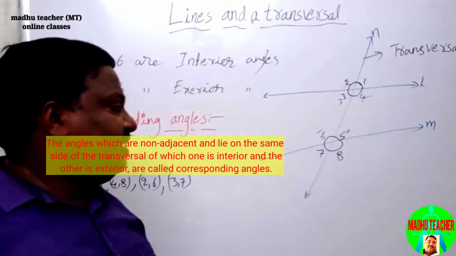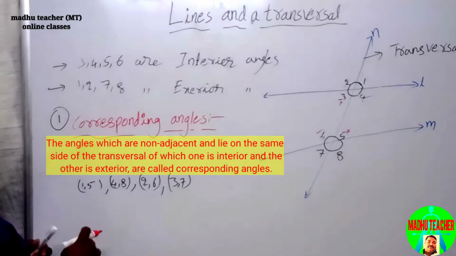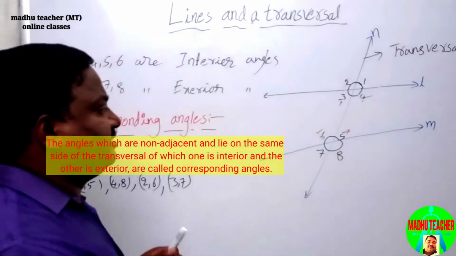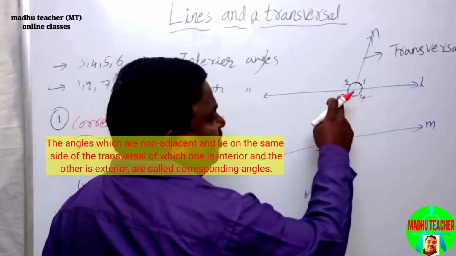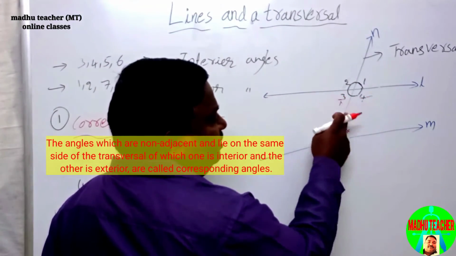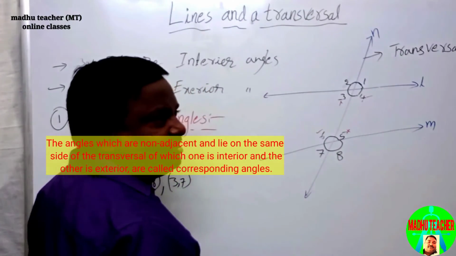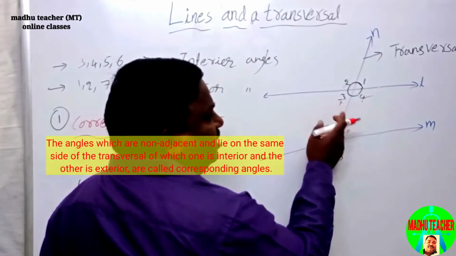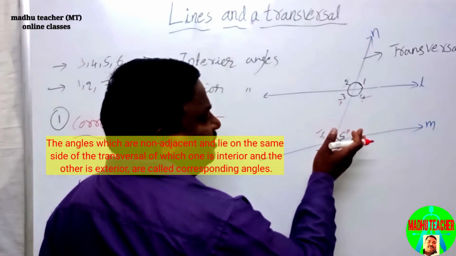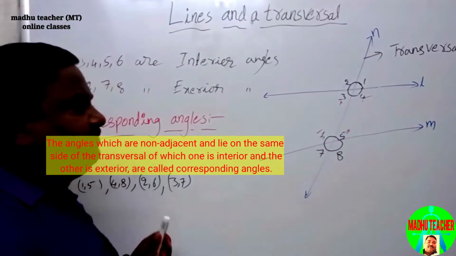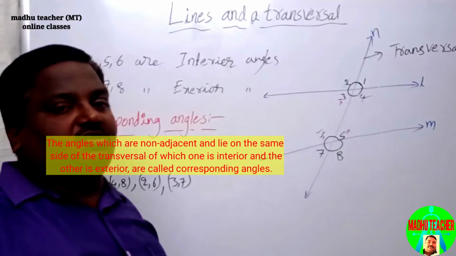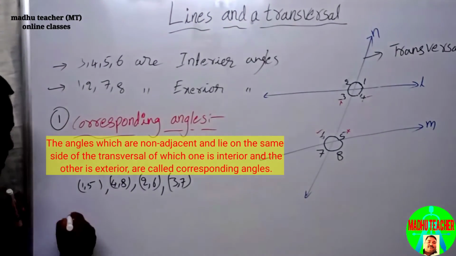They are called alternate interior angles.